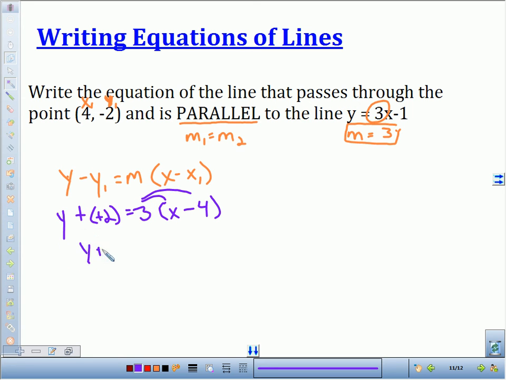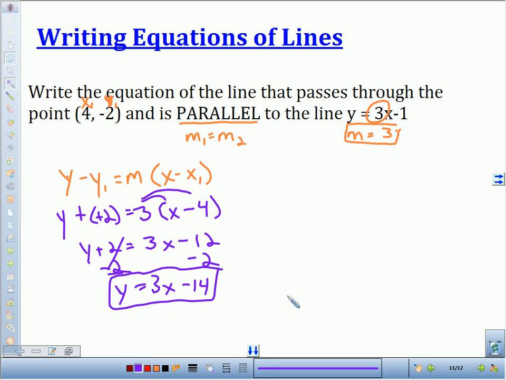I get y plus 2 equals 3 times x is 3x. 3 times negative 4 is negative 12. I need to subtract 2 from both sides to get y by itself. Now I have y by itself. I have 3x. Negative 12 minus 2 is negative 14. So my equation is y equals 3x minus 14.